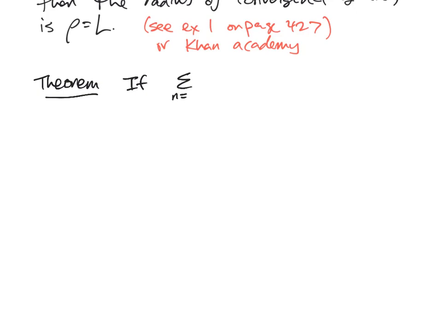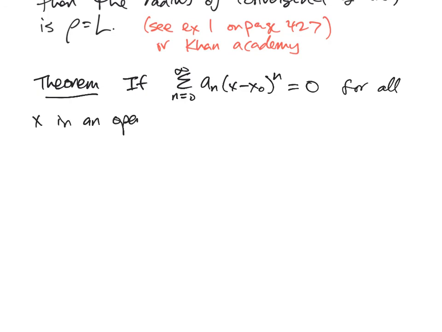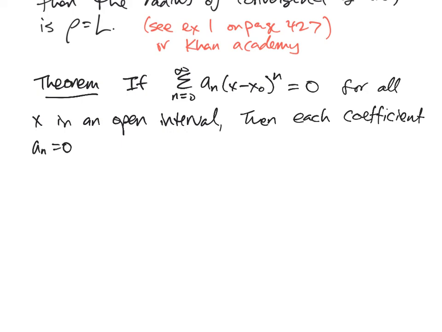So if the sum from n equals 0 to infinity of this power series, same thing, equals 0 for all x in an open interval, so that means not just at a single point, it means like from some a to b and all the points in between there, then each coefficient a_n equals 0.